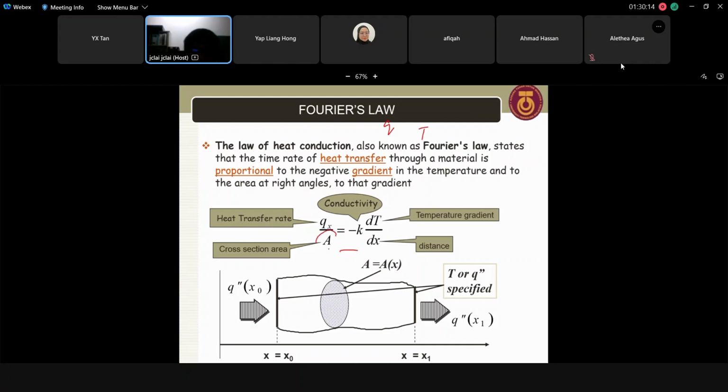A, what is A? A is the cross-sectional area normal to the heat transfer direction. This one you must bear in mind.